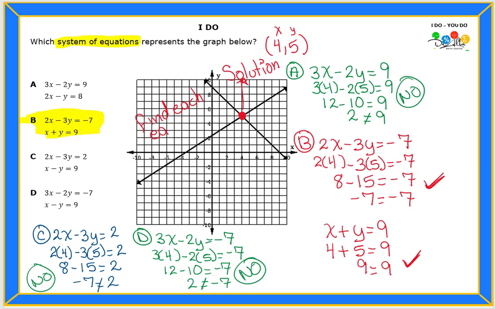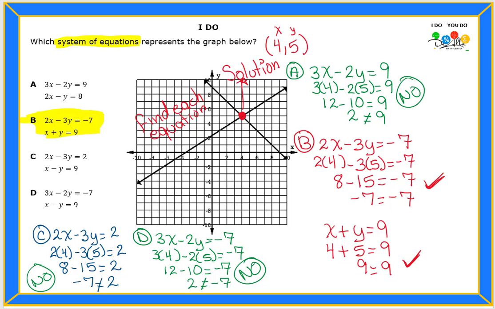So I will need to find each equation for those two lines. And of course, by doing that, I will need to find the slope and y-intercept for each line. Once I get the equation for those two lines, then I will need to move them around so that x and y are on the same side, and then I can see if they match A, B, C, or D.